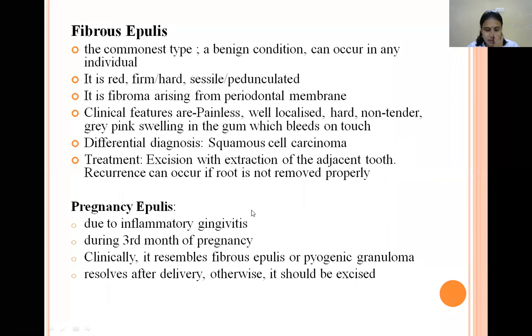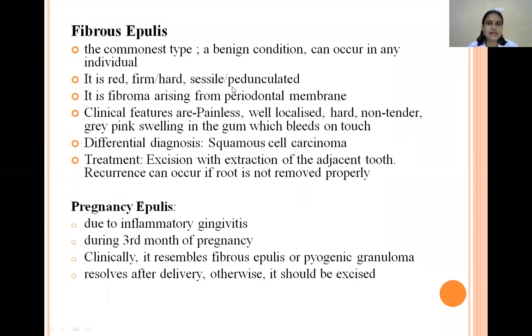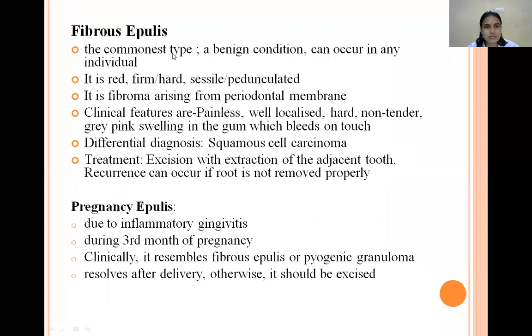Next type of epulis is fibrous epulis. It is the commonest type of epulis in adults. It is a benign condition and can occur anywhere on the gums, in both males and females. It is red, firm, hard, and can be sessile or pedunculated. Mostly they are sessile.